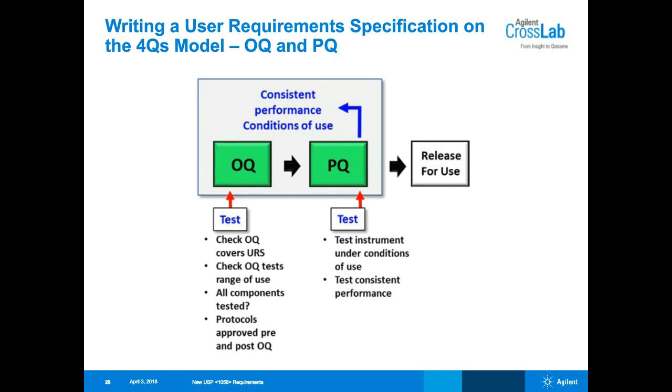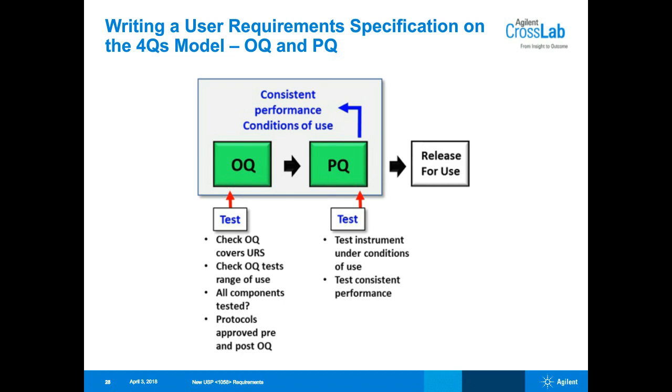What you also need to think about is, do we need to include at this point a baseline performance qualification check where we're testing the instrument under actual conditions of use, and we need to check this as a baseline so that we get consistent intended performance going forward into its operational use in the laboratory. And we'll look at that in a little further detail later on.